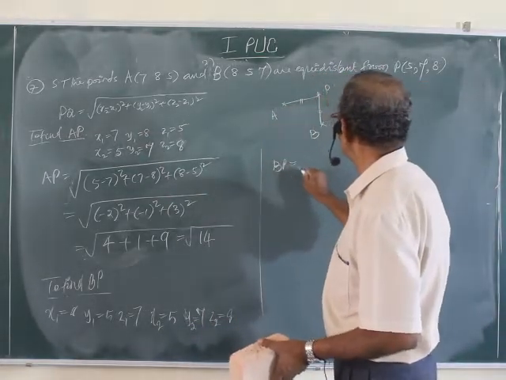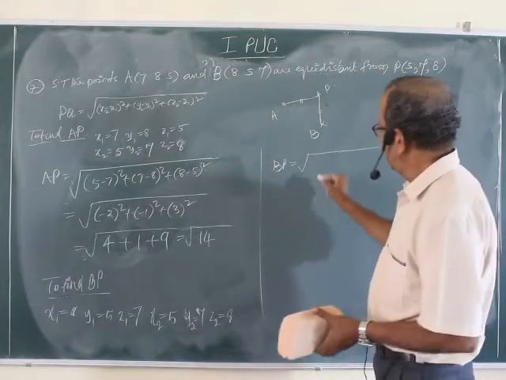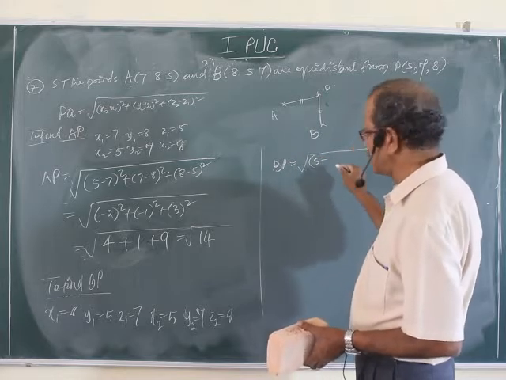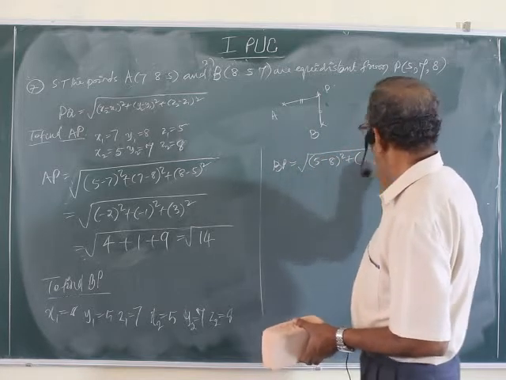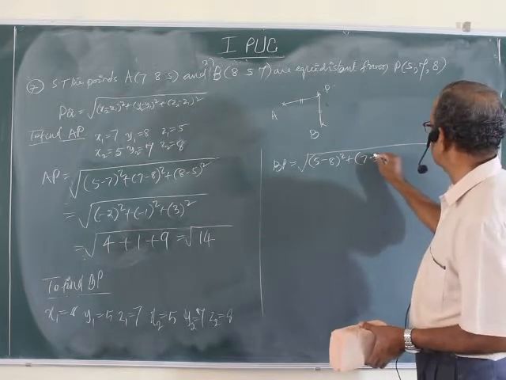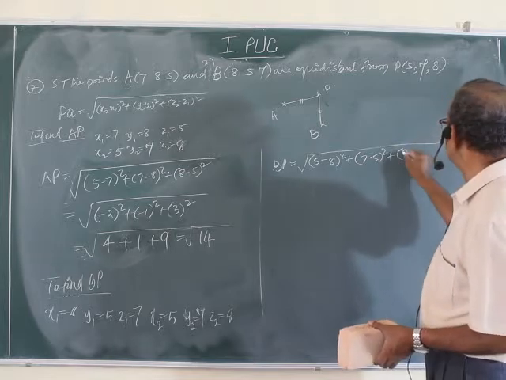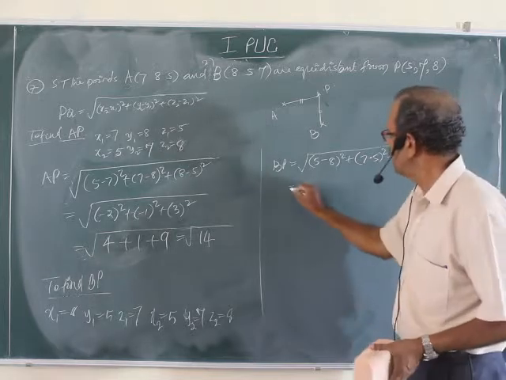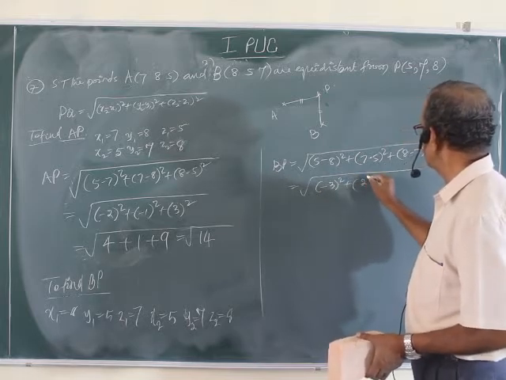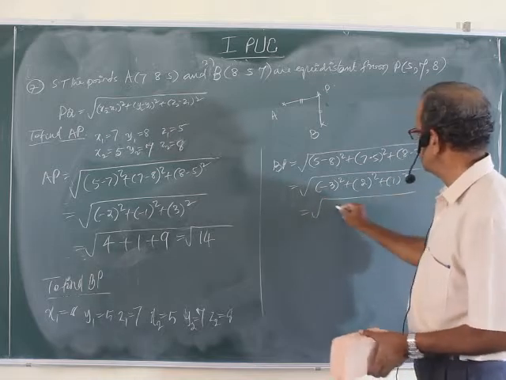BP equal to root of x2 minus x1, 5 minus 8 whole square, y2 minus y1, 7 minus 5 whole square, z2 minus z1, 8 minus 7 whole square, or minus 3 square, 2 square, 1 square, value will be the same.